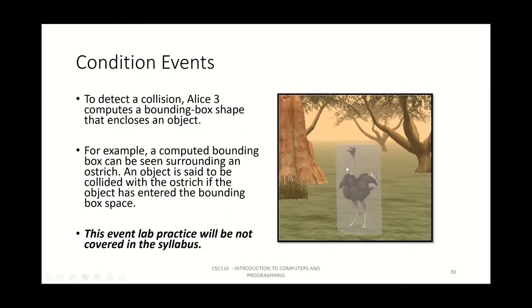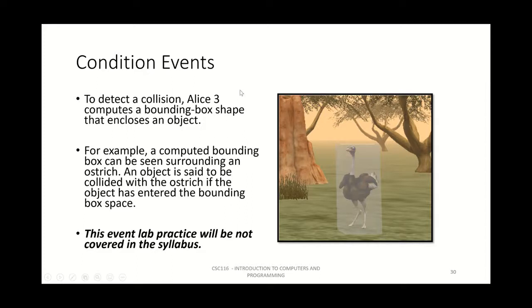We need to set the box, or the boundary of the object. So when another object touches the boundary that we have set, it is said that a collision happened. So this is the condition event.